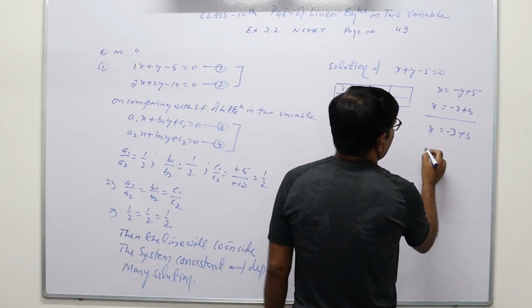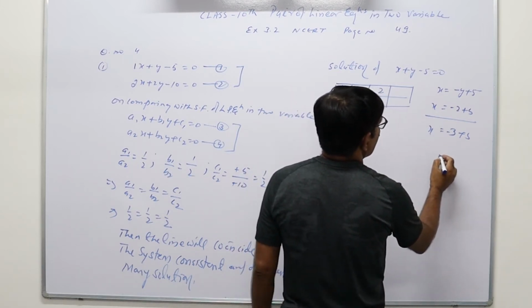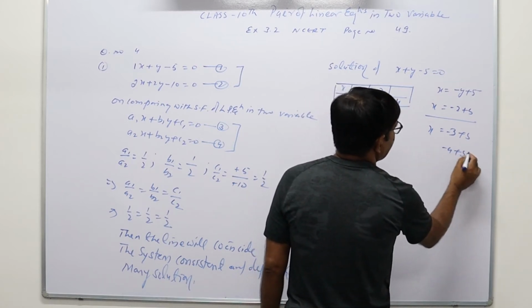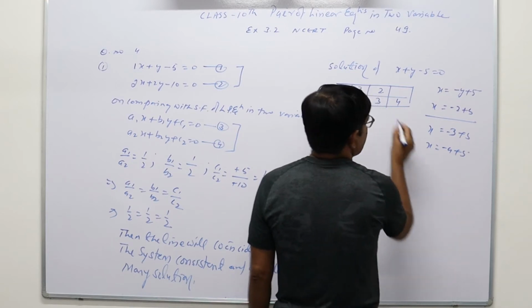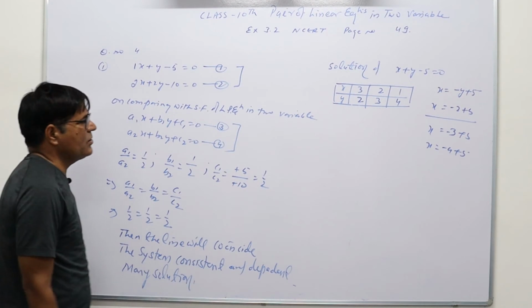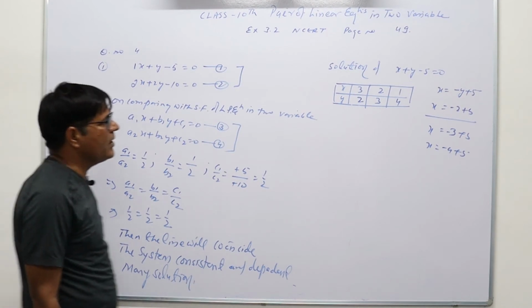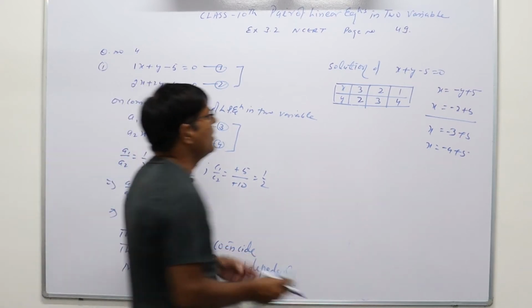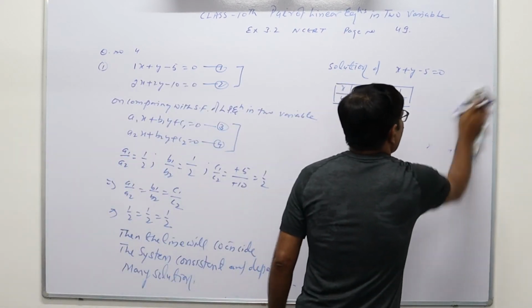And if we put y equal to 4, then it will be minus 4 plus 5, so x will be equal to 1. In this way we will find at least 3 sets of solutions. Then we will draw the graph of this equation on graph paper. So this is the solution of equation number first.